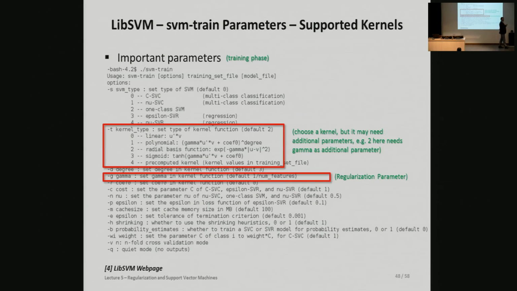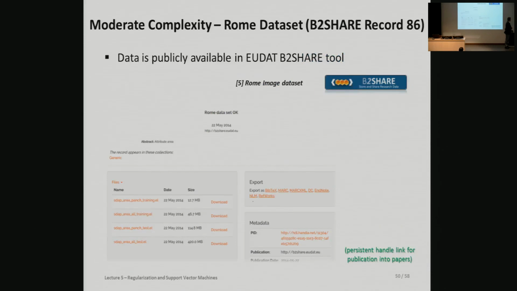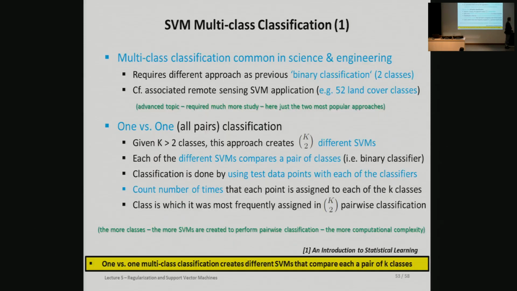However, how we pick gamma and so on is still an open question, and also how we pick the cost c that you have to specify. So this is something which will come in lecture 6, but now is the time, I think, to go back and think about a break before we come to the other parts.